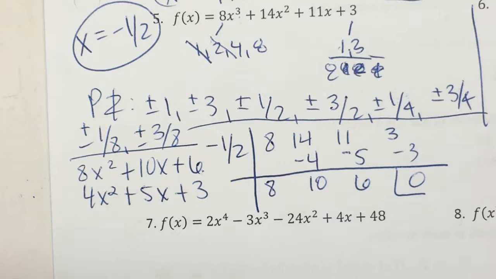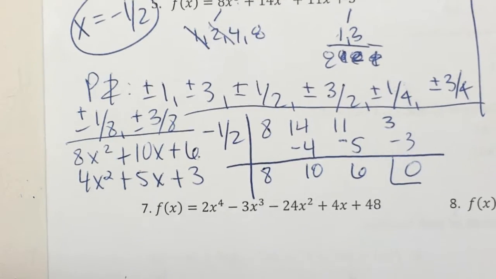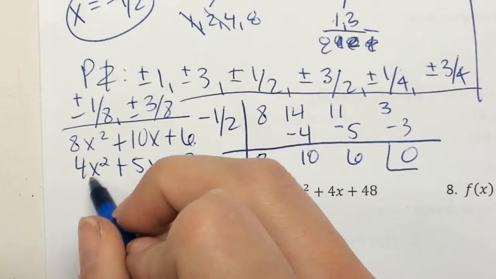Alright, so tell me what happens. Tell me where it hits the x-axis. Good, so the solutions are what? And we have to use quadratic formula. Alright, let's do that under this one.